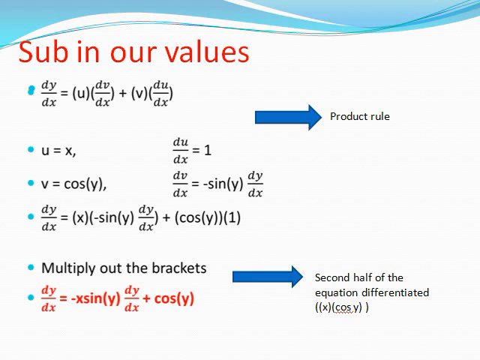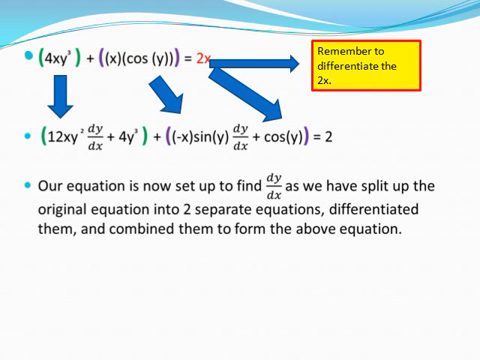Subbing these into our product rule, we get dy/dx equals x multiplied by minus sin y dy/dx plus cos of y multiplied by 1. When we multiply out these brackets, we get dy/dx equals minus x sin y dy/dx plus cos of y.